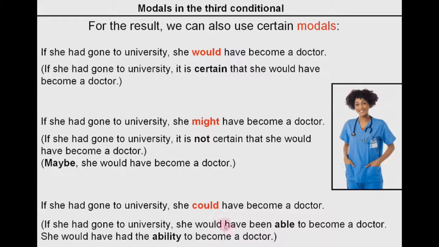But she did not necessarily become a doctor. It's not really certain. Okay, it depends on her. Okay, so this is describing the fact that she would have had the ability to become a doctor. Okay, so would, might, and could.